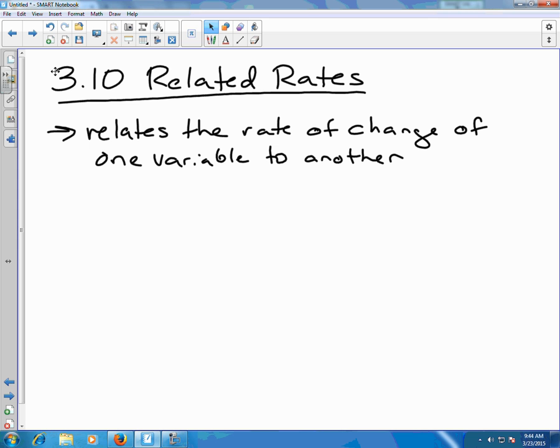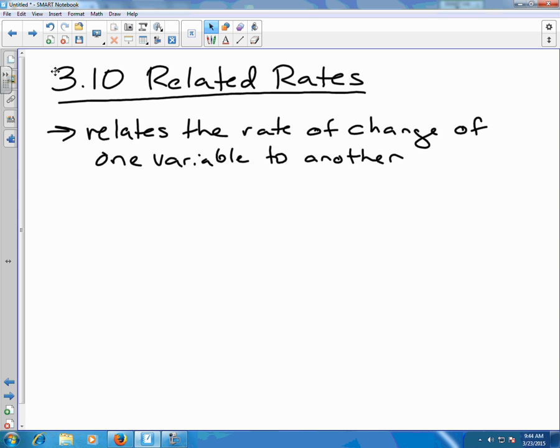So for example, think about blowing up a balloon. You can determine the volume of the balloon based on the radius, assuming it's a spherical balloon, because that makes it easier to understand. The volume of a sphere is given by 4/3 pi r cubed.